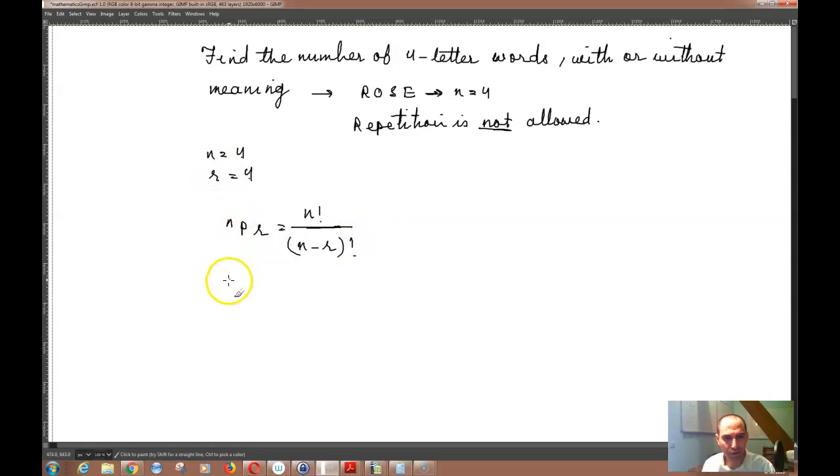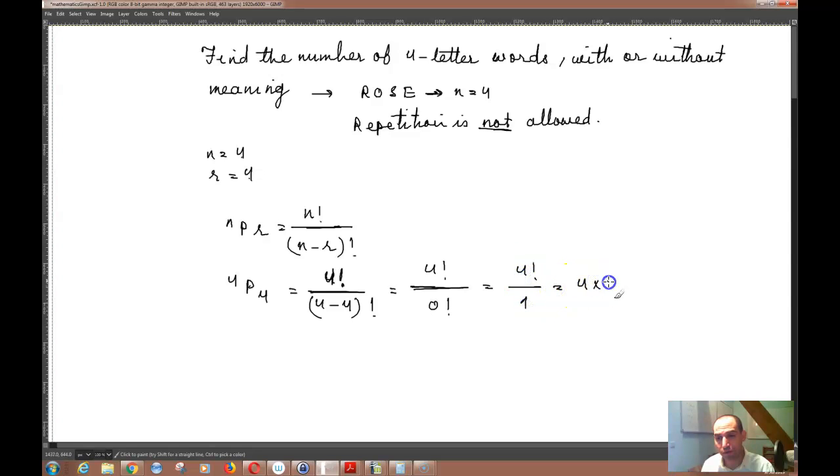So 4 permutation 4 is the same thing as 4 factorial over 4 minus 4 factorial, which is 4 factorial over 0 factorial, which is 4 factorial over 1, which is 4 times 3 times 2 times 1, which is equal to 24, the same number that we got before.